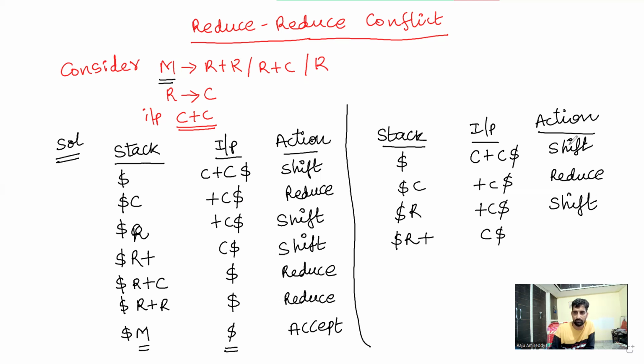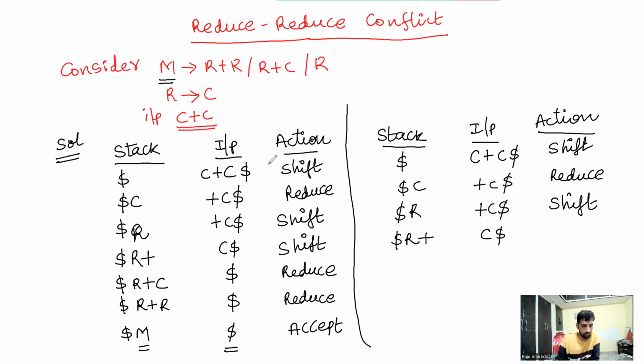Now why are we writing shift here? Because C came here. Why do we write reduce here? Because C will be reduced as R. Now you see the next line. So C dollar is there. Now dollar R plus, this C will come here. It is called shift.